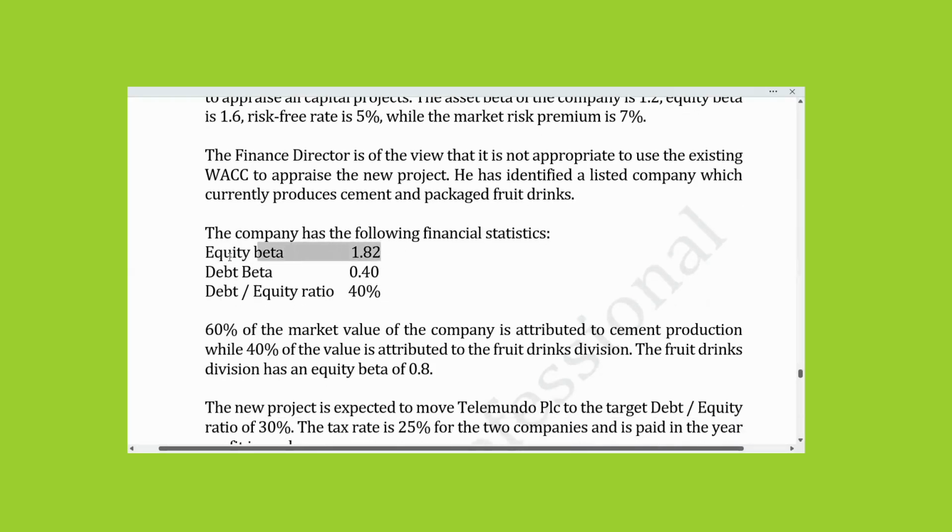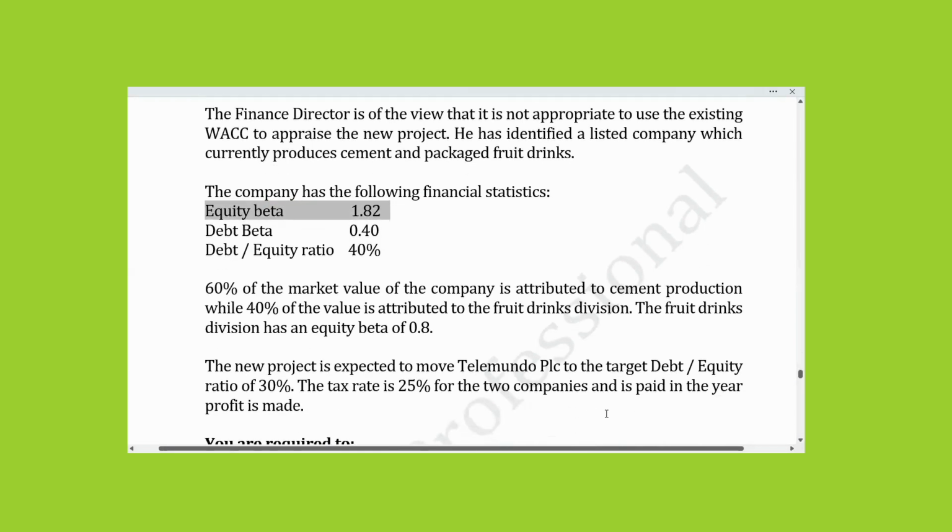We are given the combined equity beta of 1.82. We are also given the equity beta of packaged fruit drinks, which is 0.8, but we are not given the beta of cement. All right, so since we are not given the beta of cement, then we need to find a way to get the number.